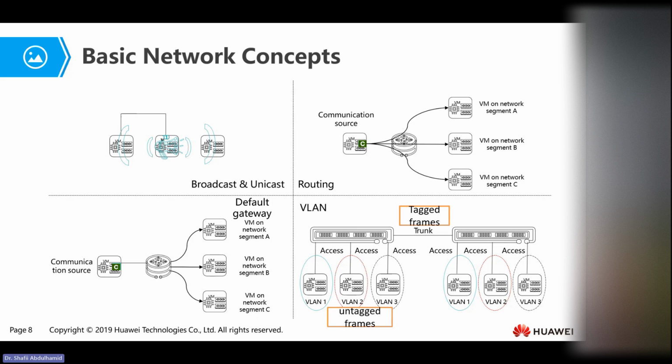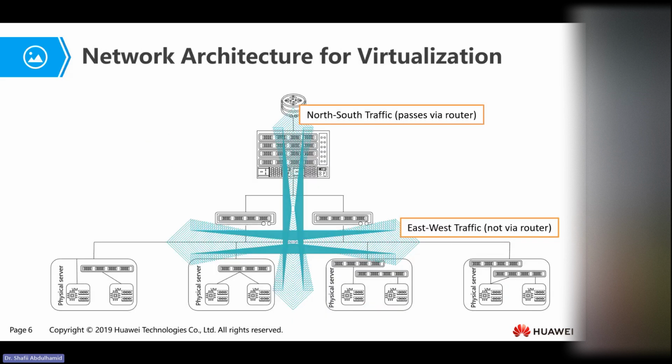That's just what we explained in the previous slide. Let me take one slide back. You can see this is the company network, right? So all communication within here cannot pass through the router, basically. So this is called east-west.